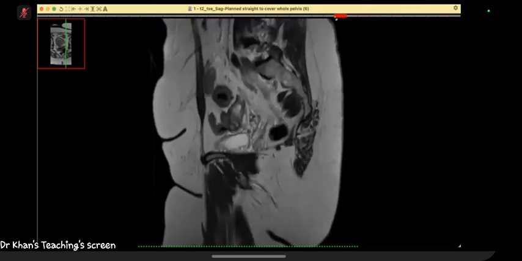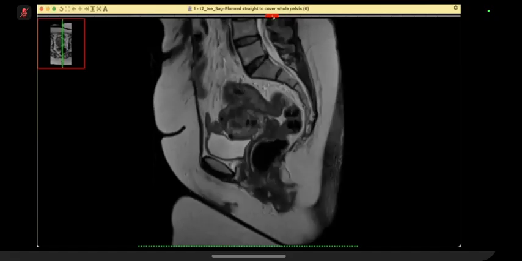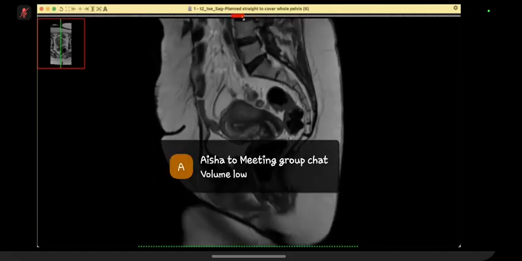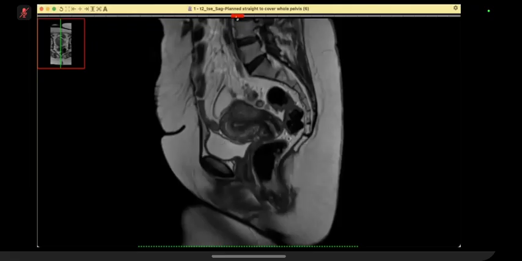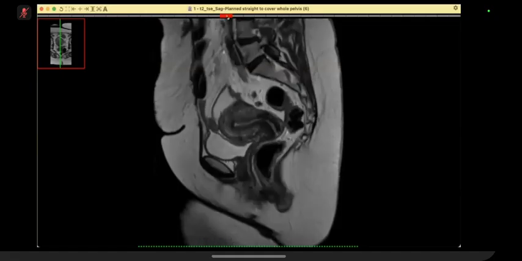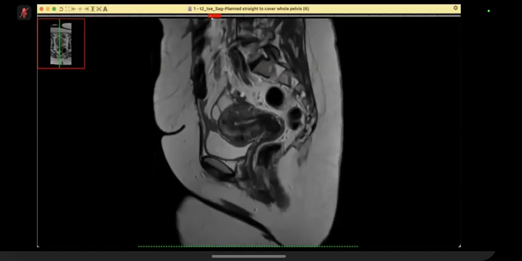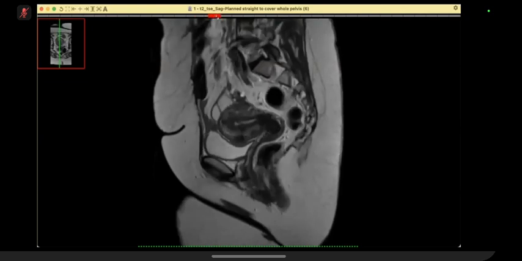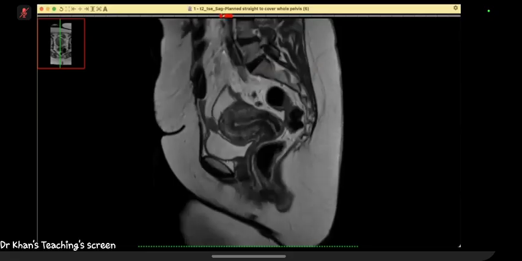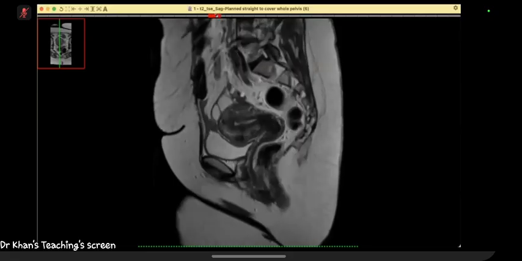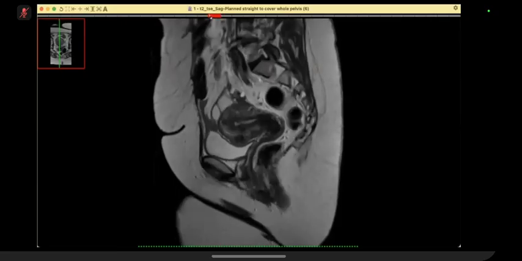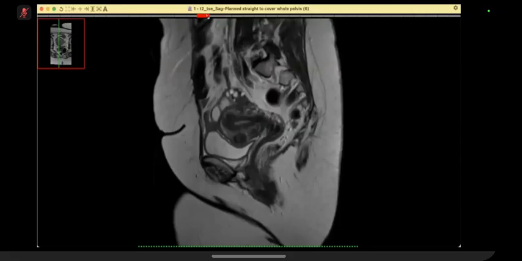Okay, the abnormality here is in the uterus. There is loss of the normal junctional zone, the normal zonal anatomy of the uterus. It is obliterated by multiple well-defined hypo-intense and intermediate signal intensity lesions in the junctional zone and the myometrium.